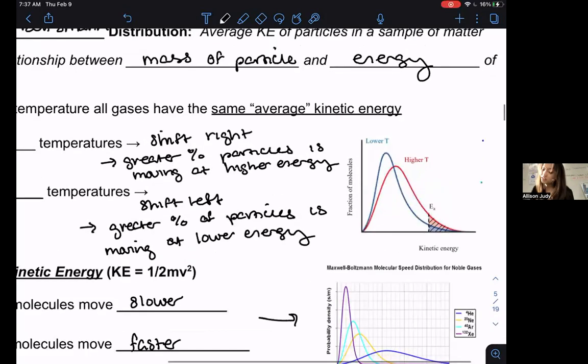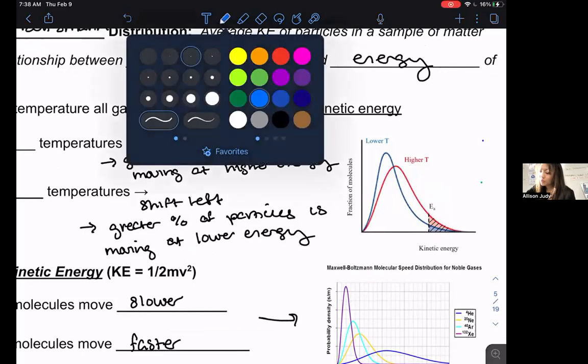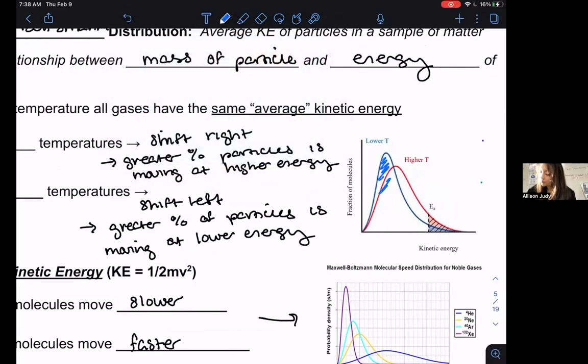So one of the biggest mistakes that people make is that they see the height of the curve and they're like, oh, moving faster. But remember, don't forget to read your axes. The blue line is saying that at a lower temperature, a greater percentage of my particles is moving at a lower kinetic energy range.